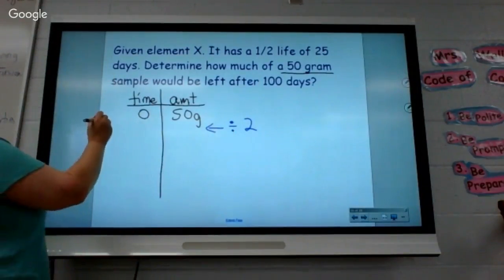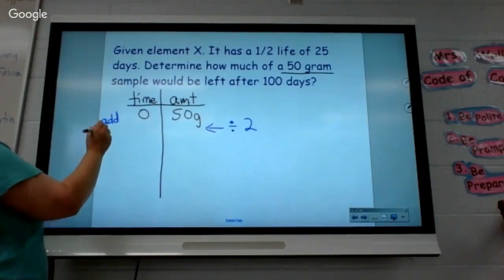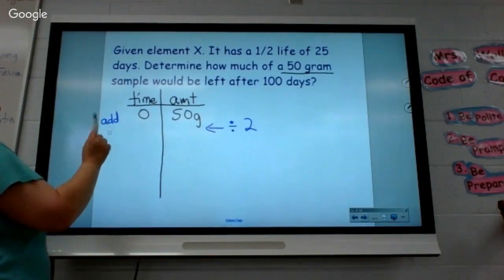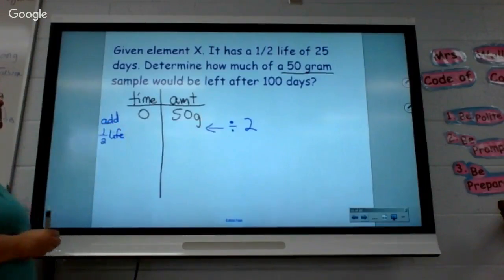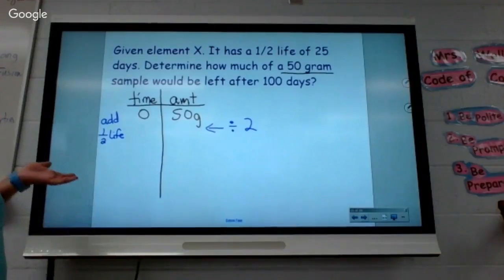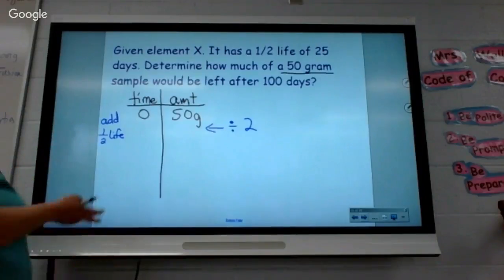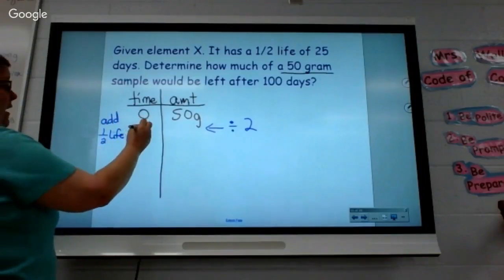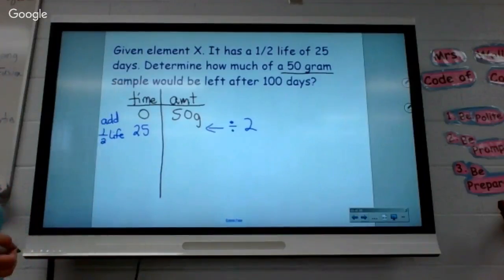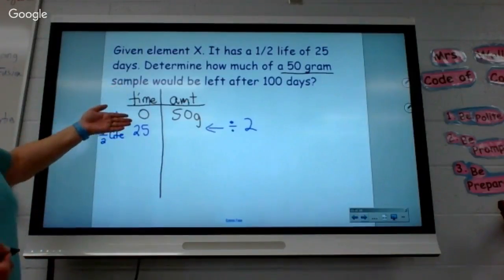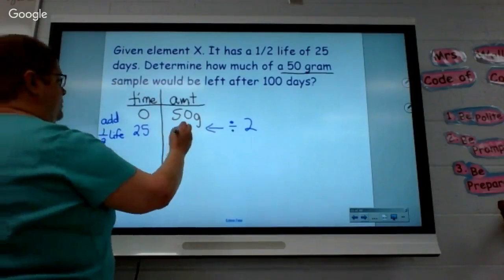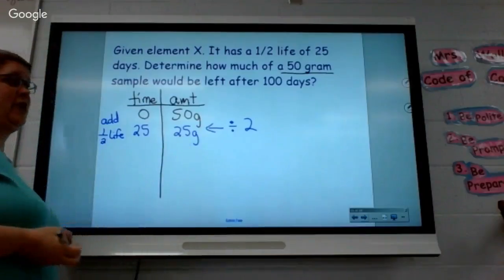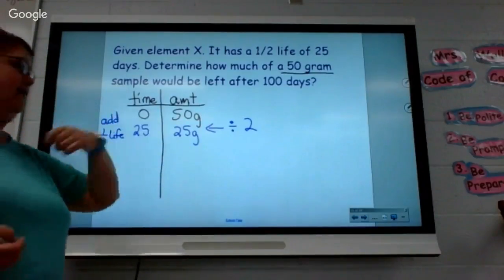And over here, the time, you always add whatever the half-life is. So in this case, what did I tell you the half-life is? 25 days. So for the time, we're going to add 25 days. So after 25 days has passed, how much is left of my 50 grams? 25 grams.